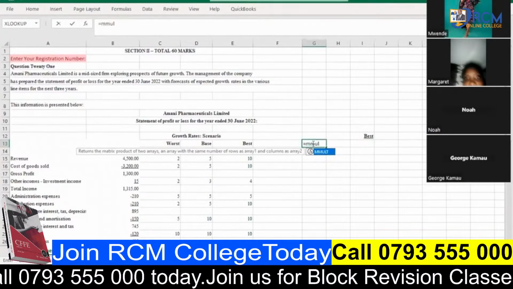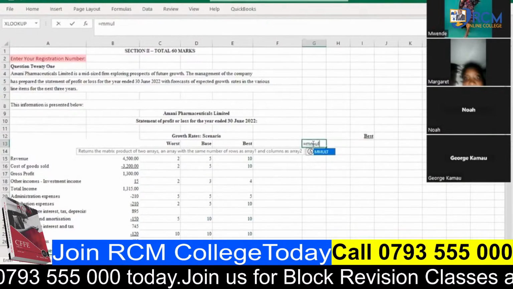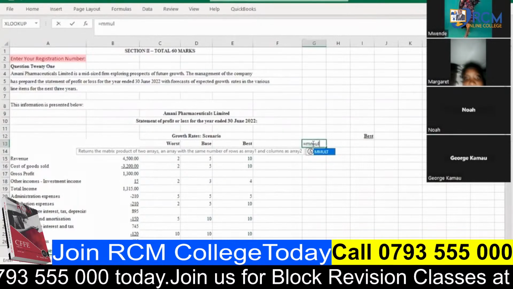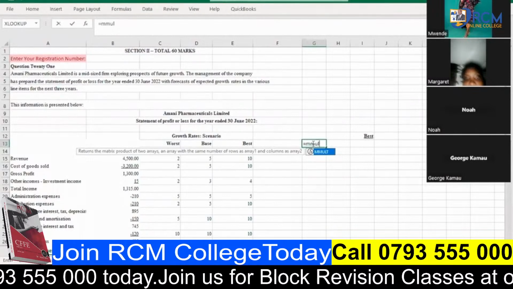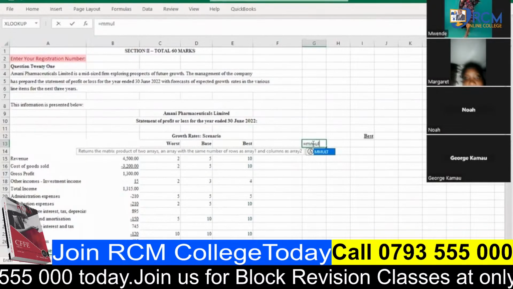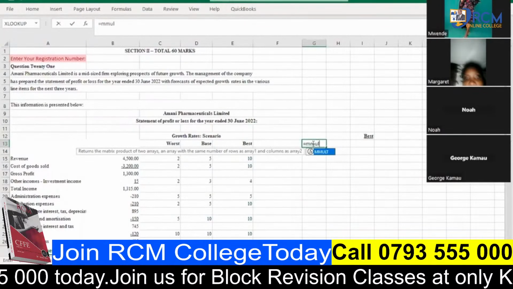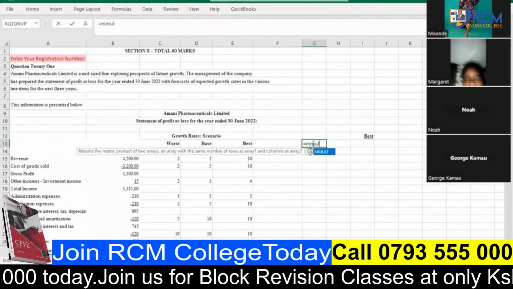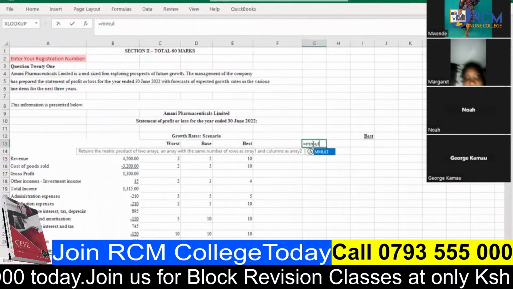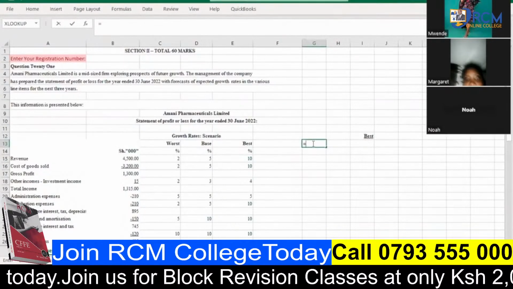It returns a matrix product of 2 arrays, an array with the same number of rows as array 1 and columns as array 2. So that one automatically qualifies to be an array function.